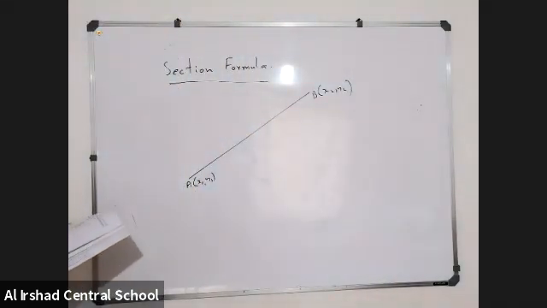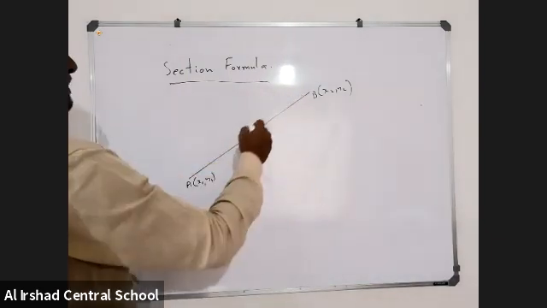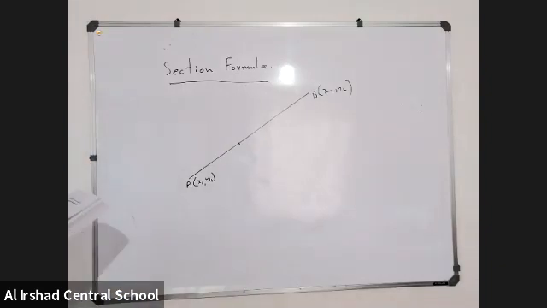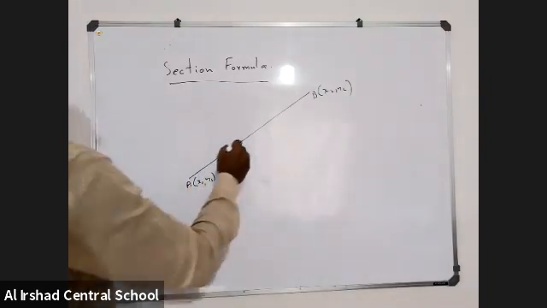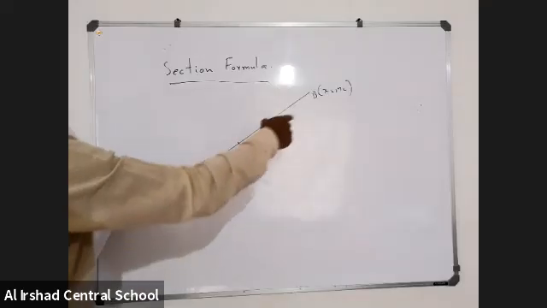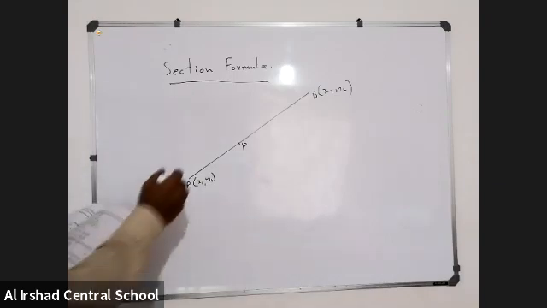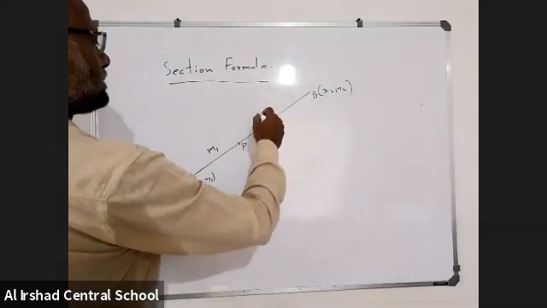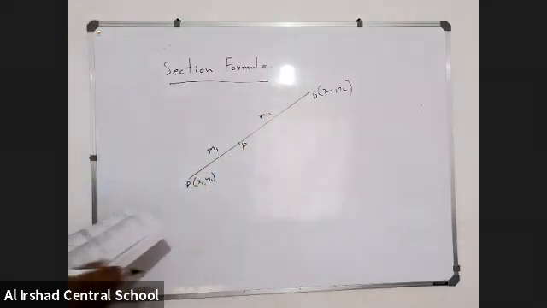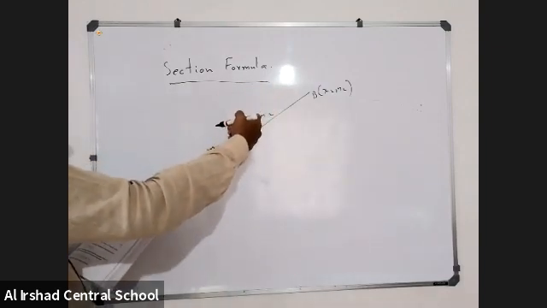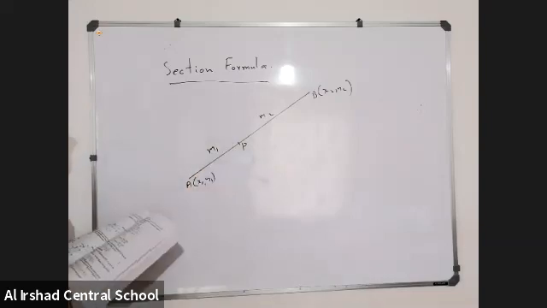Now, here you know the distance, but what we need is one more point, the point P. This P is cutting the line into two parts. The ratio is given: this is m1, this is m2, it is a ratio. Suppose 1 is to 2 or 2 is to 3, like that the ratio is given.